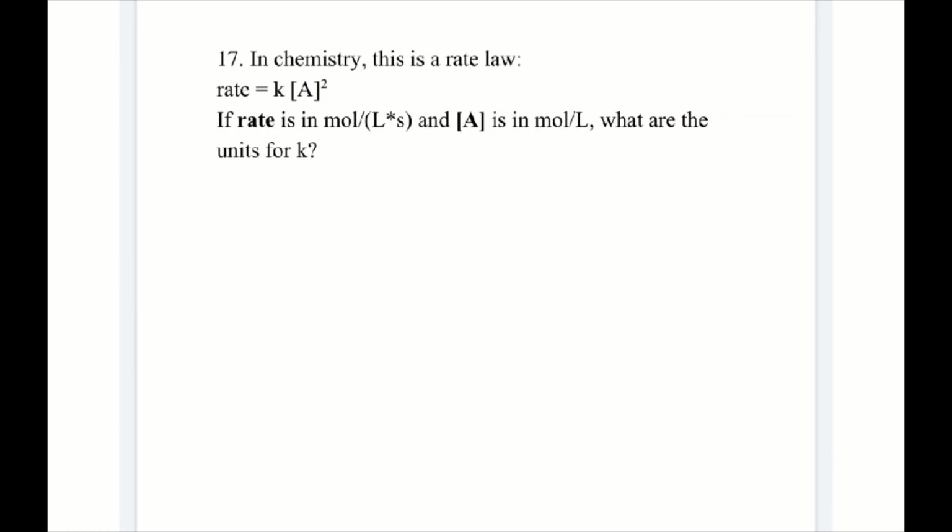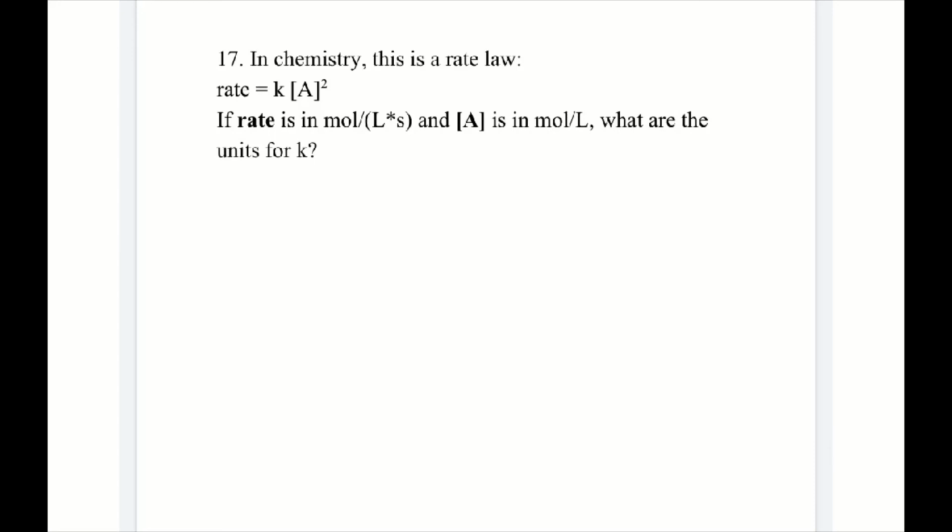Next question. In chemistry, this is a rate law. Rate equals K times the concentration of A squared. Don't worry about what they're called, just worry about how to find the units, which is the point of this question.